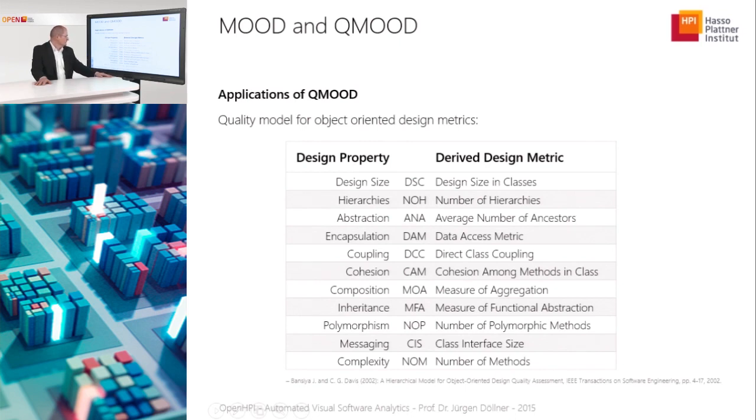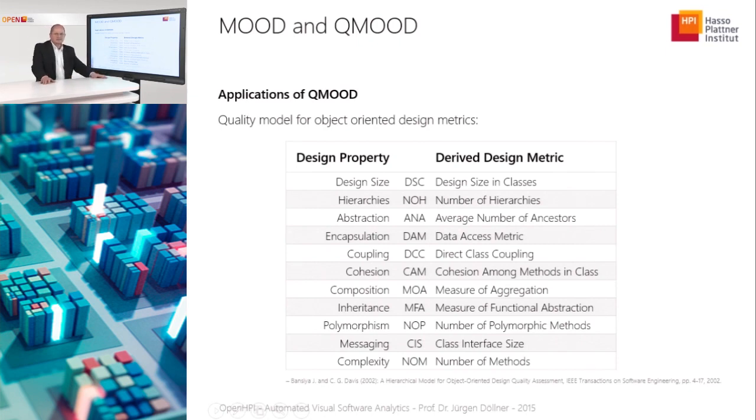For example, the NOM metric counts the number of methods, or the NOH metric counts the number of independent class hierarchies in a whole system, etc. So based on these individual derived design metrics, we can relate these metrics to certain desired design properties, for example, to abstraction, encapsulation, coupling, cohesion, inheritance, etc.